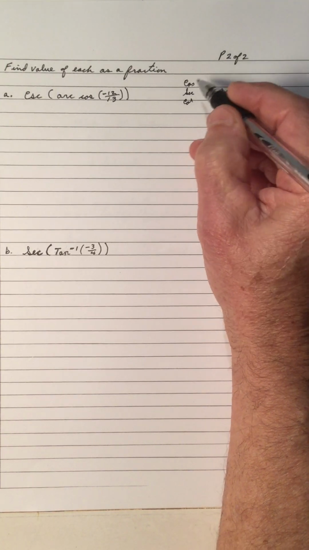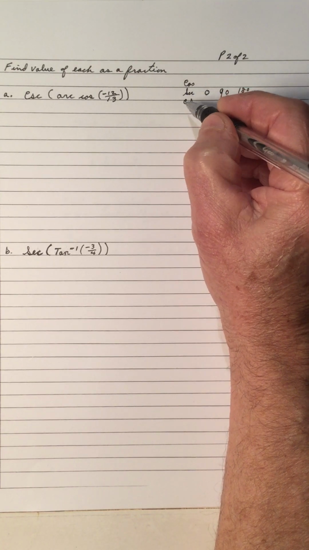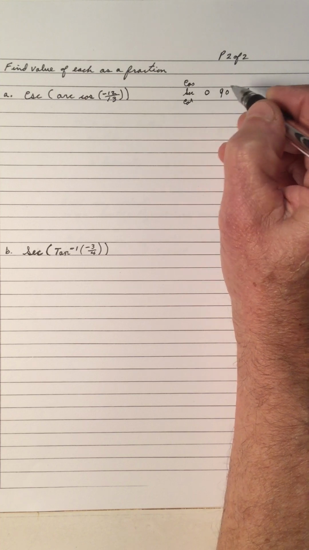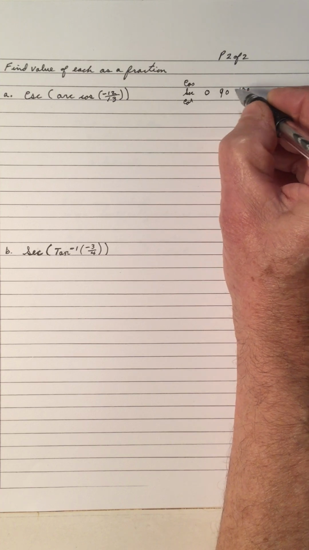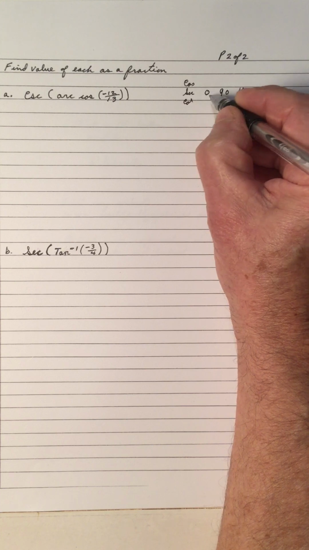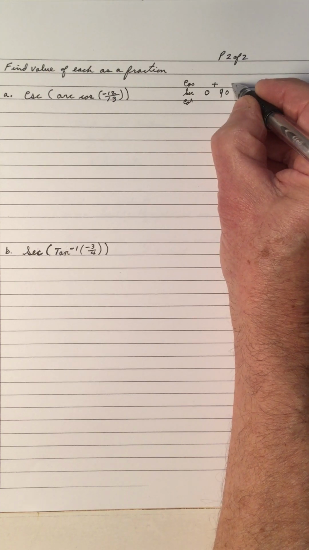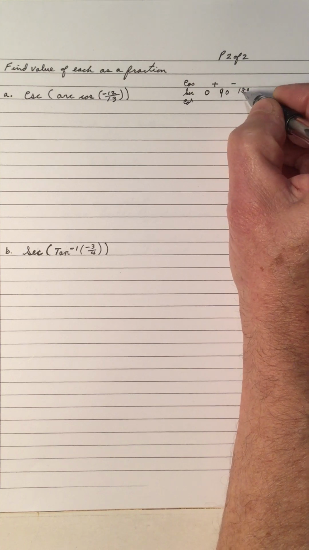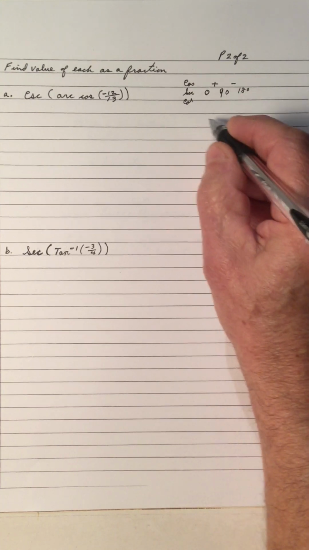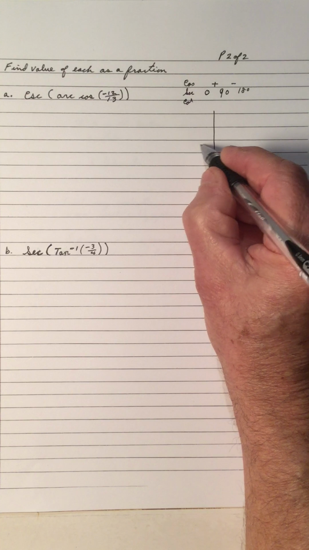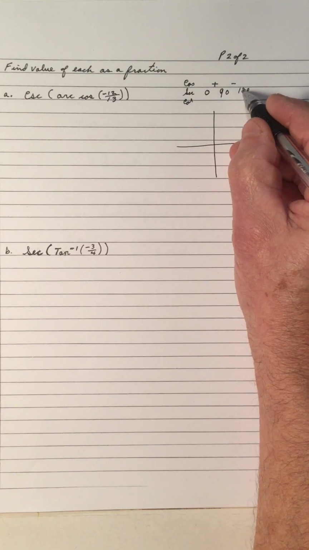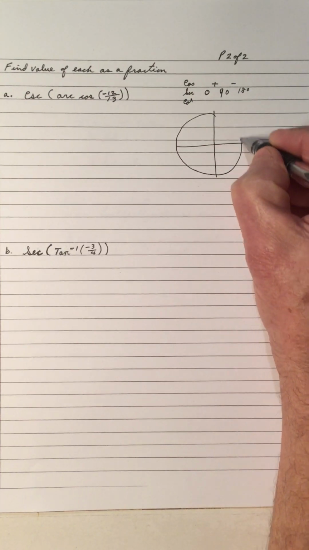Remember, sine, cosecant, and tan are between negative 90 and 90. Positive is always from 0 to 90, and negative is from 90 to 180. So that means we're in quadrant 2 under rotation.